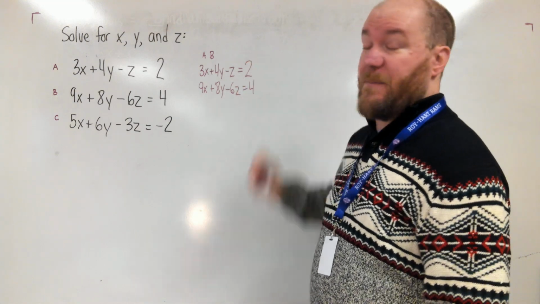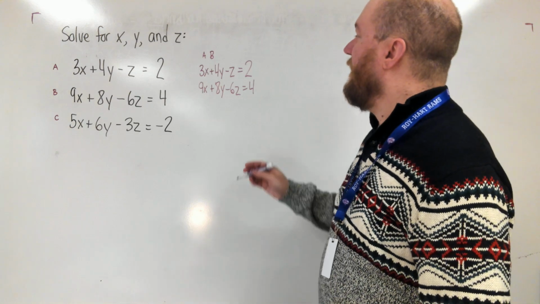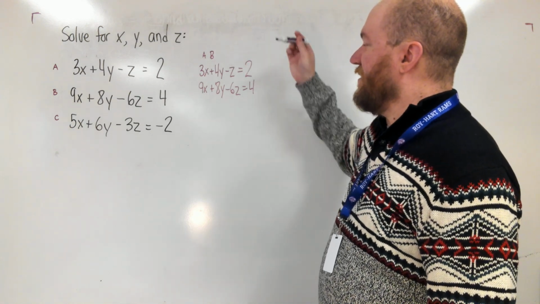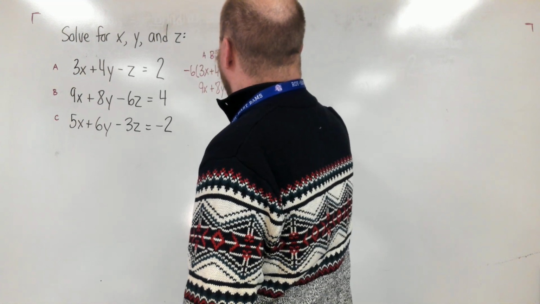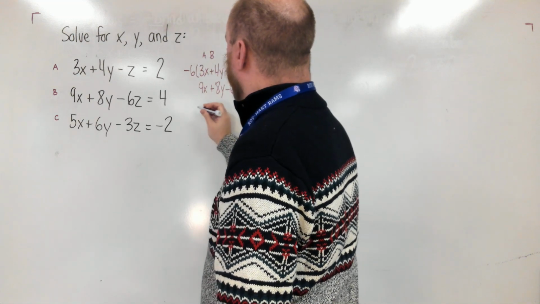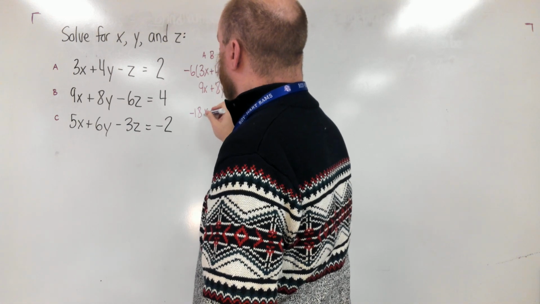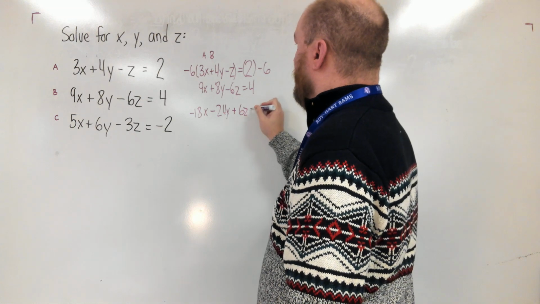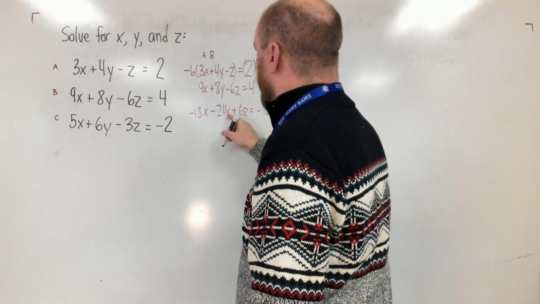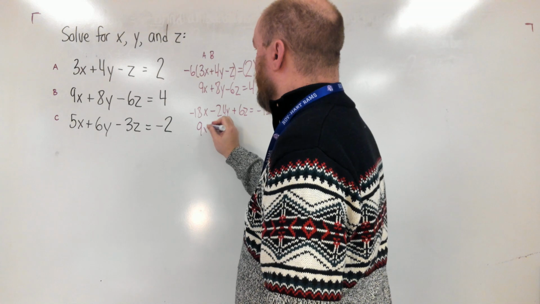I just need them to be opposites. I don't care what the numbers even are. So let's make this one opposite by multiplying everything by negative 6. That'll give us negative 18x minus 24y plus 6z equals negative 12. And I'm not changing the bottom equation.